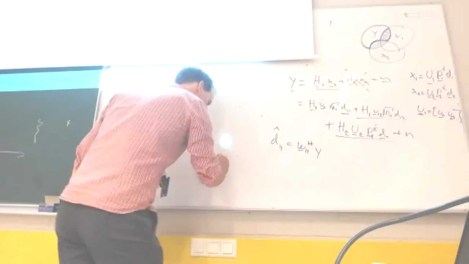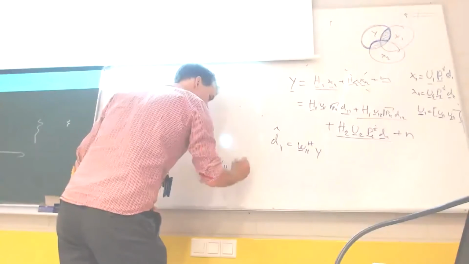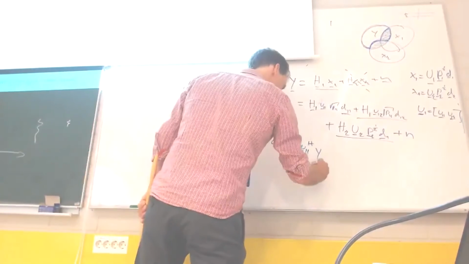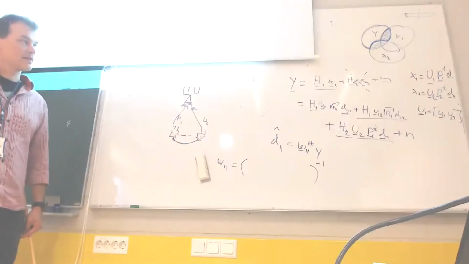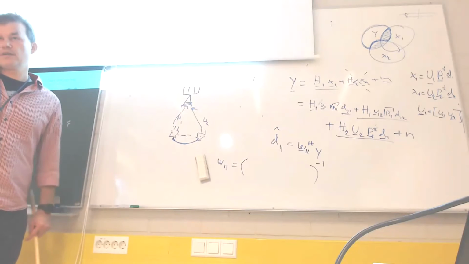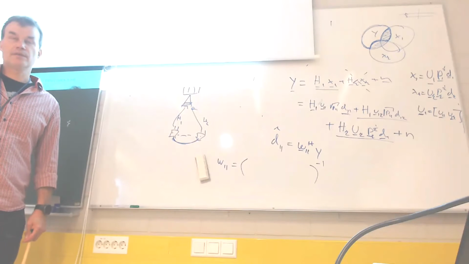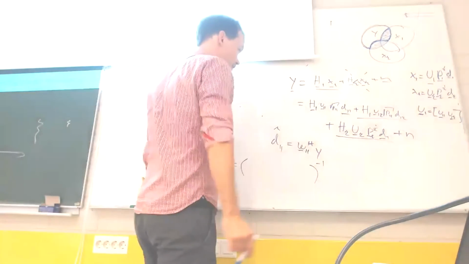So what would be the MMSE receiver? Can someone tell? What should go inside the inverse? The covariance of Y, right? We have seen that. So everything should go inside, right?